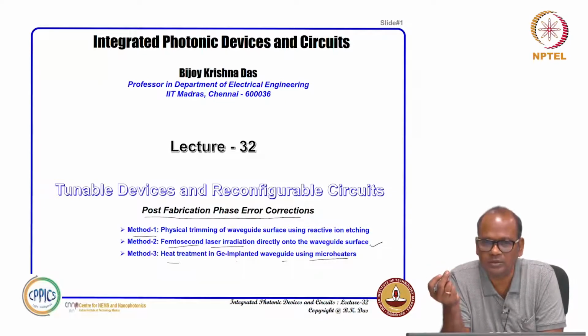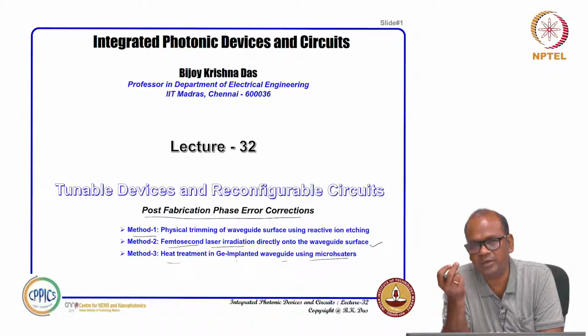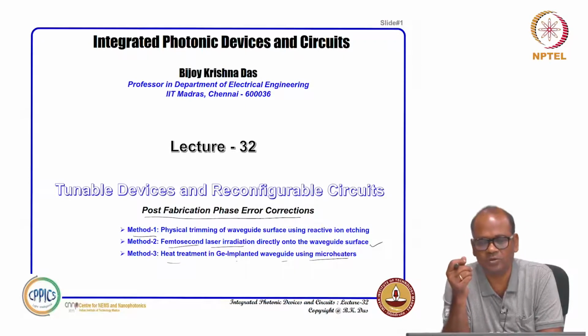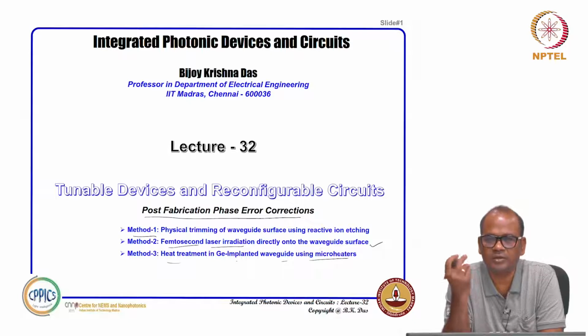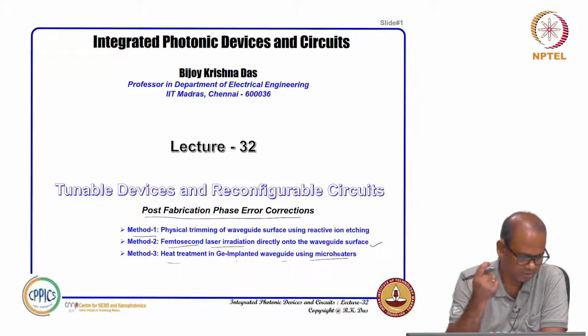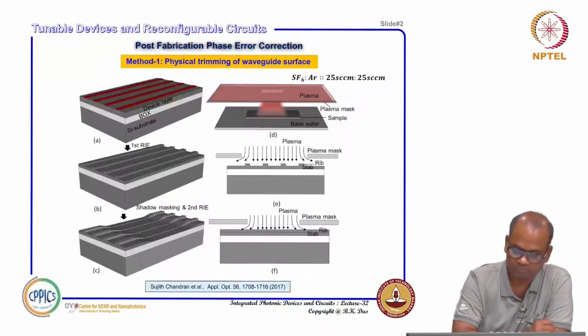This is a very recently invented technology, published in 2021, and I personally feel it is going to have a huge impact on fabrication yield in the photonics industry, and photonics chip cost will also be reduced if we adopt it. I will be discussing them one after another.